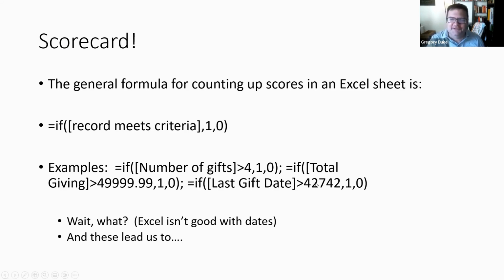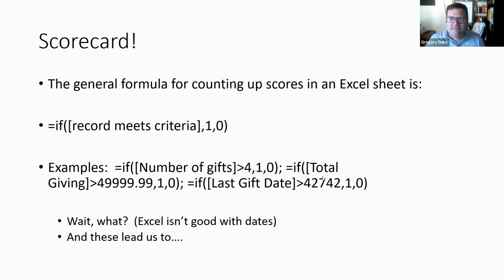It thinks that dates are numbers. And that's good in the sense that I can say, what's the difference between 2 dates? How many days are between 2 dates? I can actually subtract them in Excel, subtract the earlier one from the later one, and I get the number of days between the dates. But for the most part, it's kind of a pain in the neck.